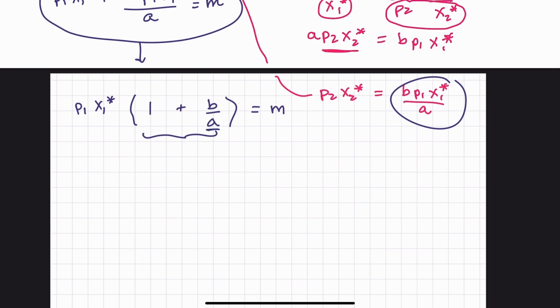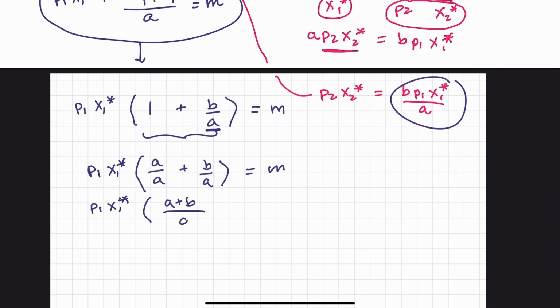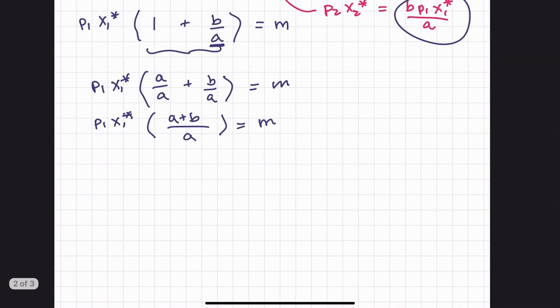So to make common denominators, I'll show that 1 is just A over A. A over A plus B over A, P1 X1 star. And now I can add the two. P1 X1 star times A plus B over A equals M. And then I will solve for X1 star.